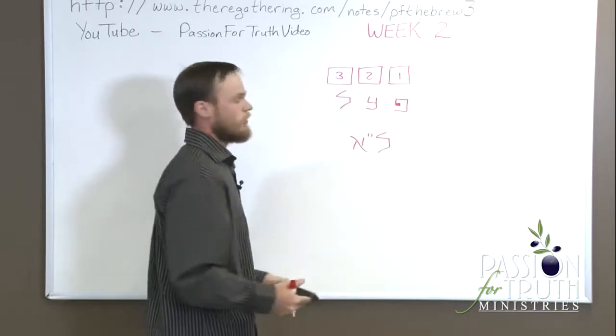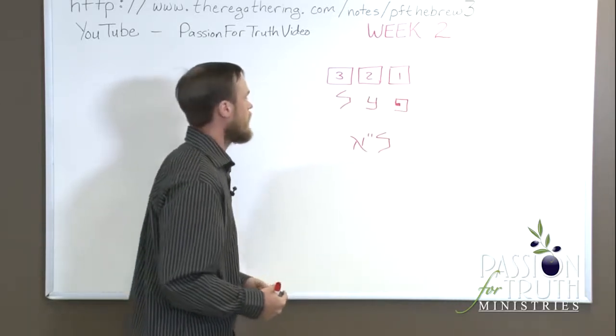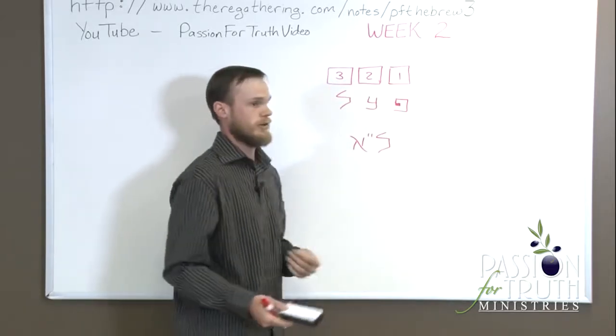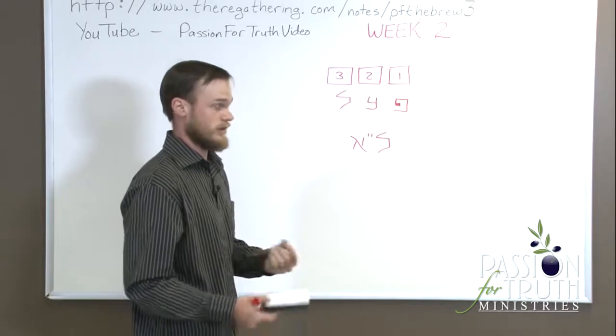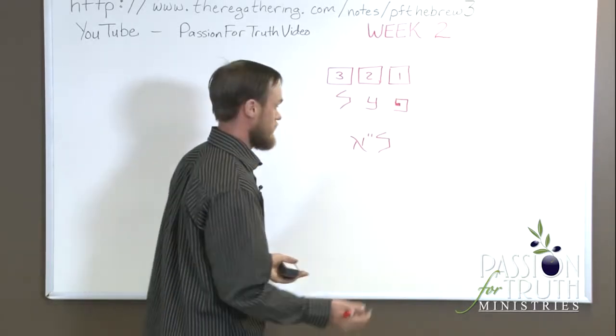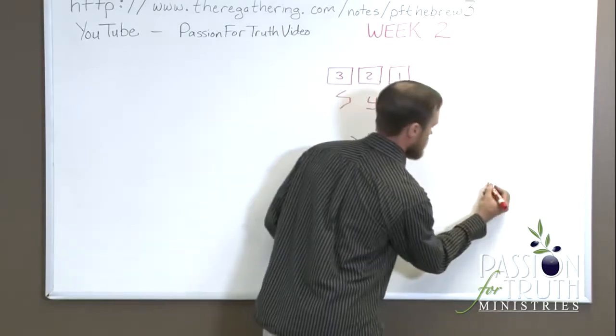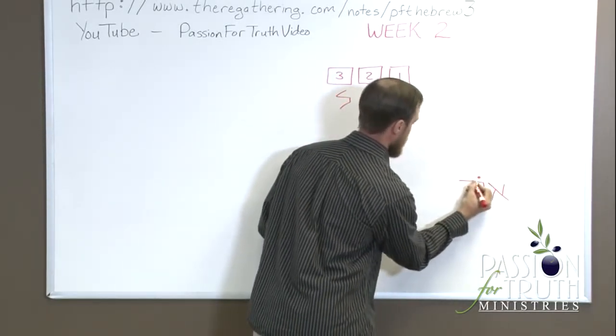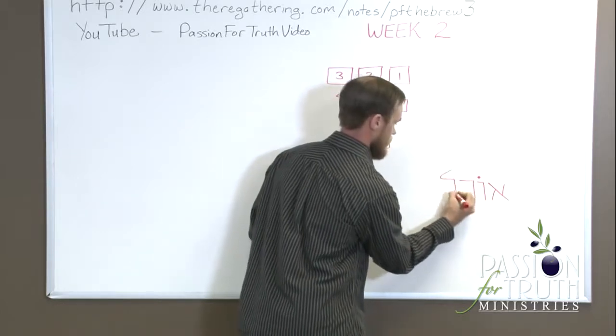Now, why do we categorize things this way? Because when we're conjugating these verbs, like the active participle I gave last week, the present tense, ochel doesn't belong to any special gizra.